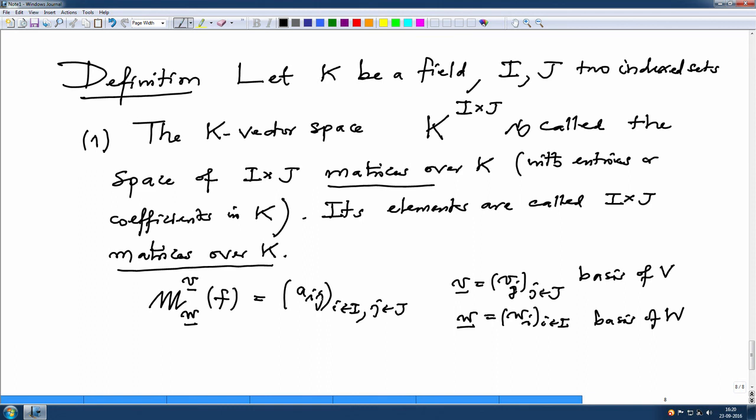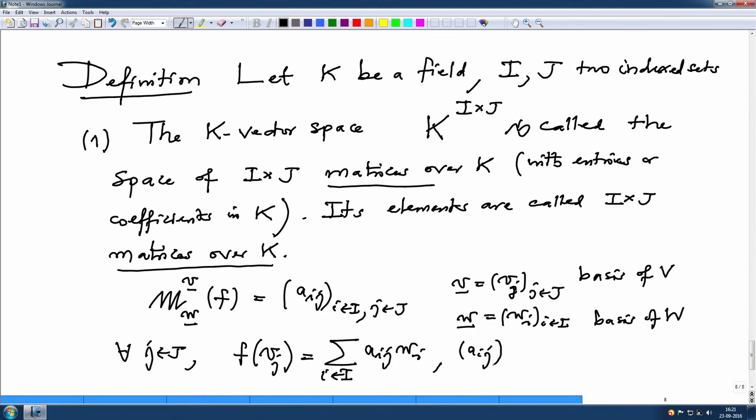And the way to remember it is f of v_j, for each j in J, is the summation of a_ij w_i, i in I, where a_ij are in k power round bracket I. So this is how one should remember f.